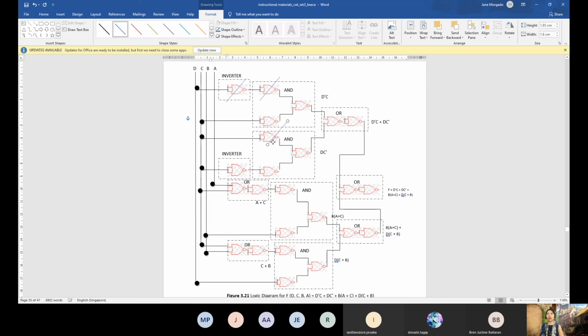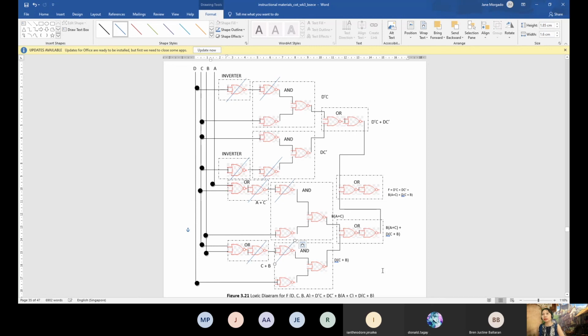What else? We have this one, and here and here.